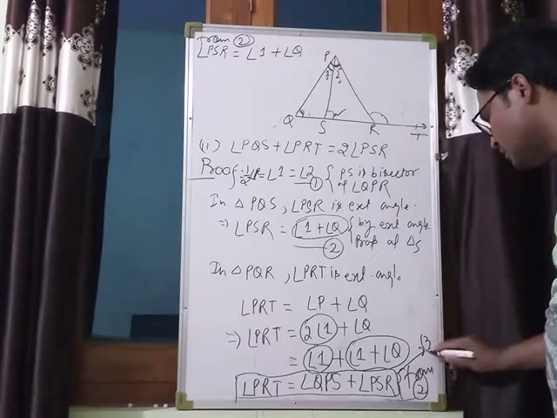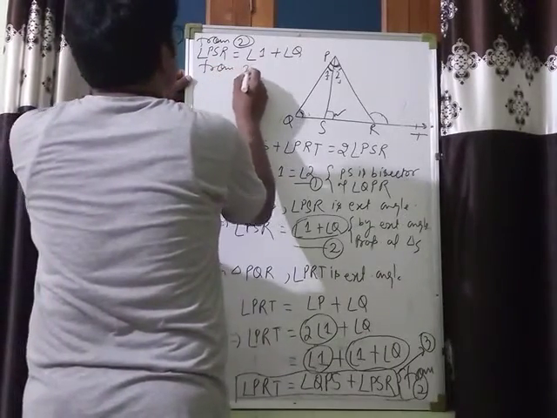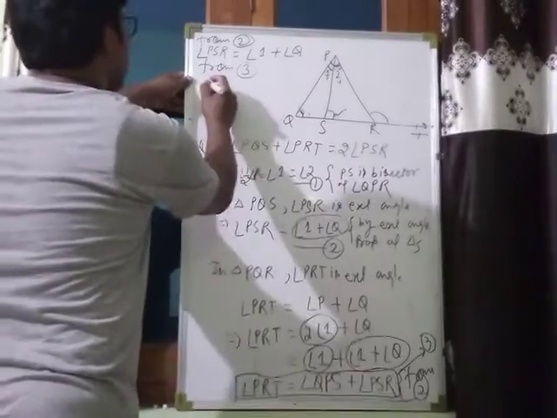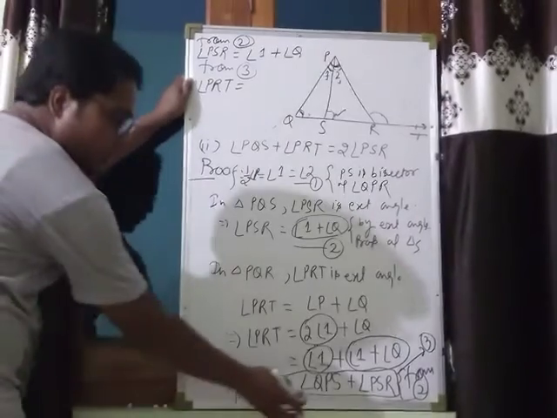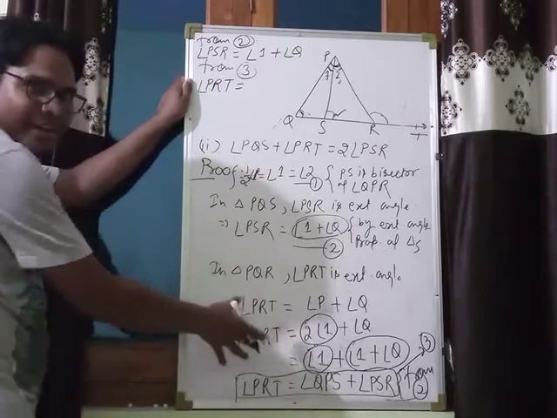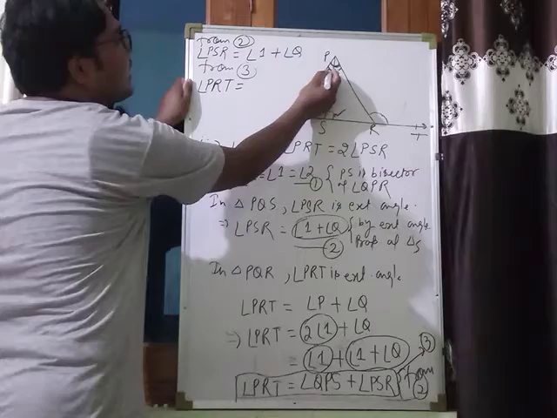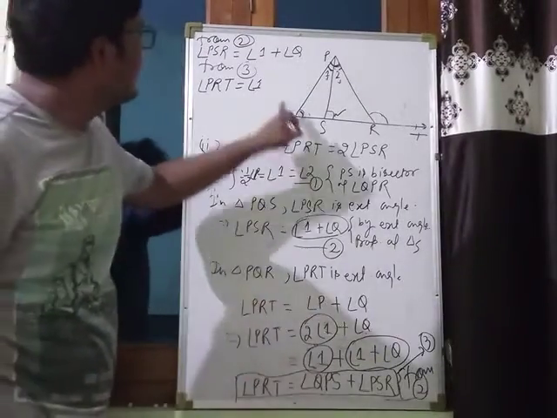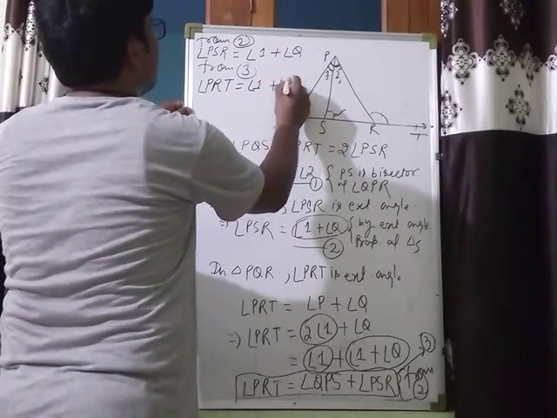That is equation number 3. And from third, ध्यान से देखो क्या है. That is PRT. Angle PRT is equal to QPS. Everyone look at the blackboard, sorry, white board. This QPS is nothing but angle 1. QPS is angle 1 plus angle PSR plus angle PS.